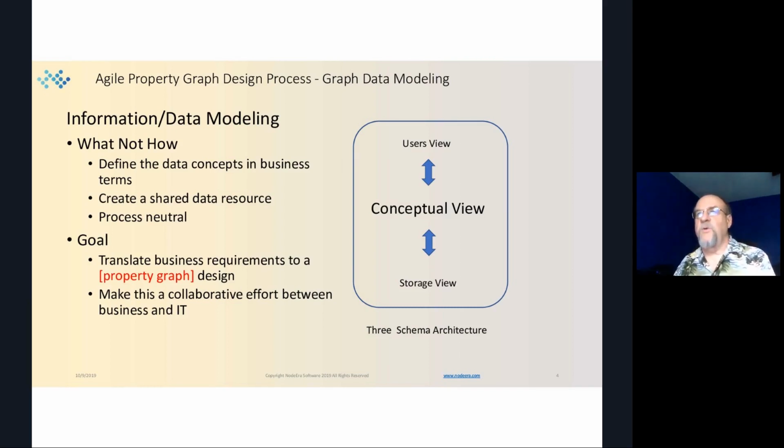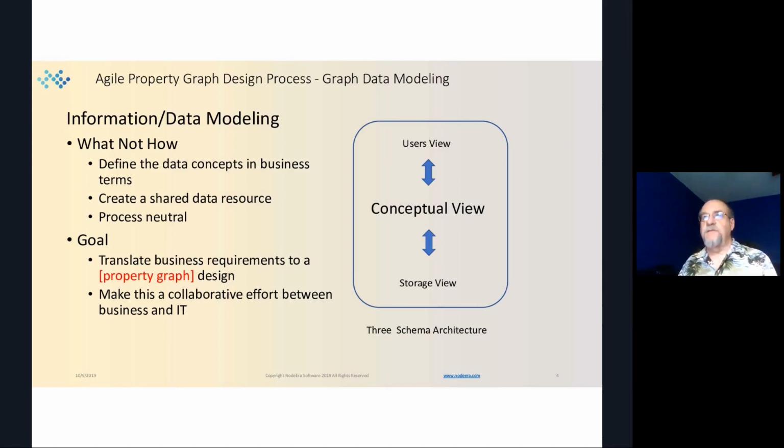And there's a concept called the three schema architecture that attempts to describe what this is and why we want to do it. And the observation is that in an application, there's really kind of three different schemas at play. There's the storage view, which is really just the physical layout or the physical access methods to how data is stored. There's the user's view, which has a lot of different forms.